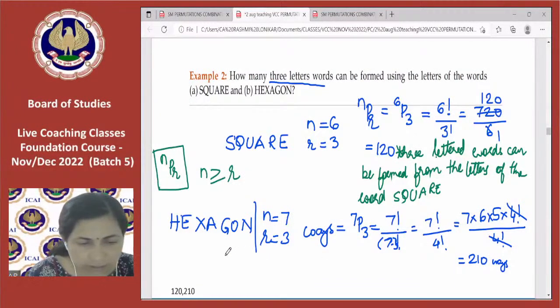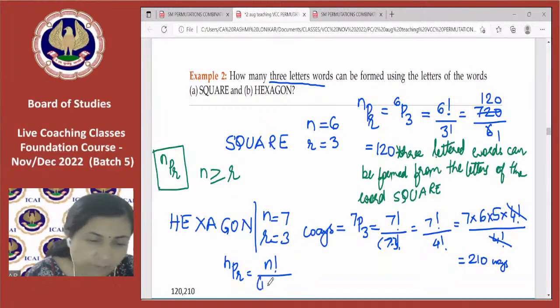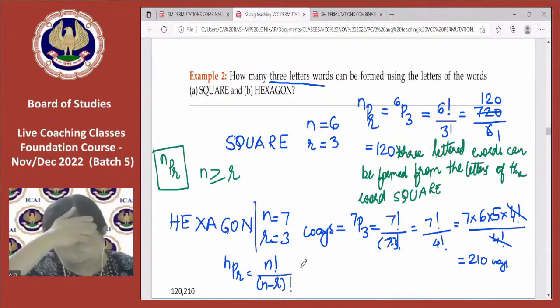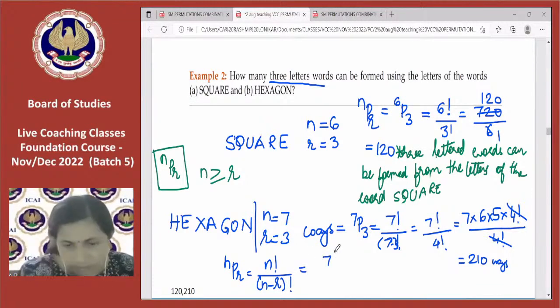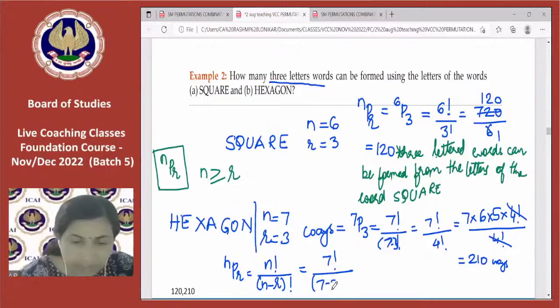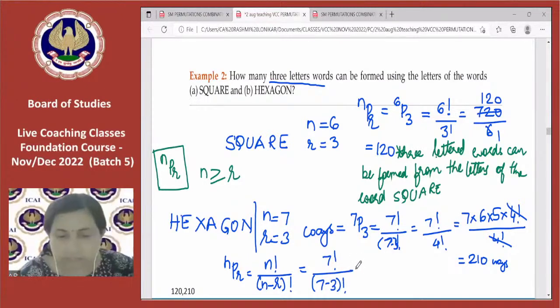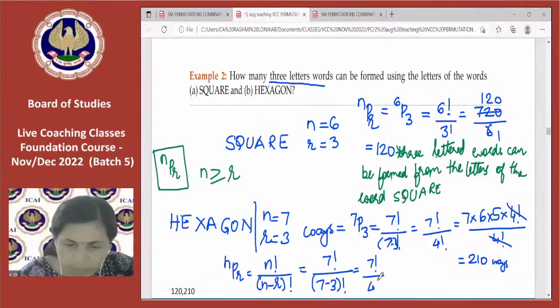Okay. So I know that nPr is n factorial upon n minus r factorial. N is 7, r is 3. So this is 7 factorial upon 7 minus 3 factorial, which is equal to 7 factorial upon 4 factorial.